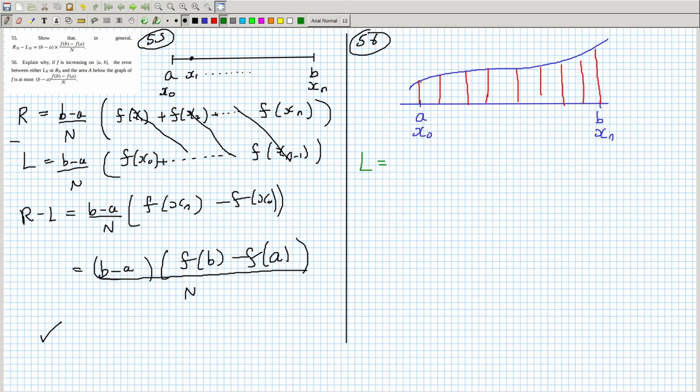So the left area would be this. So that would be b minus a over n times f of x0 plus f of x1, etc.